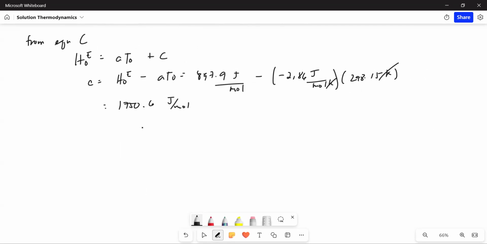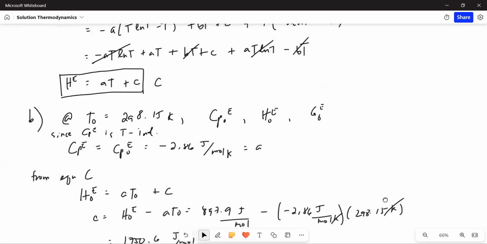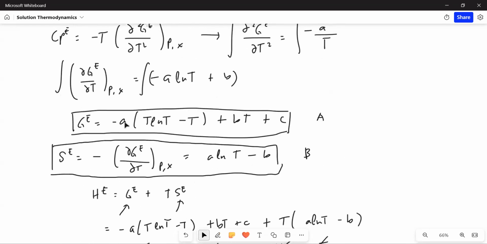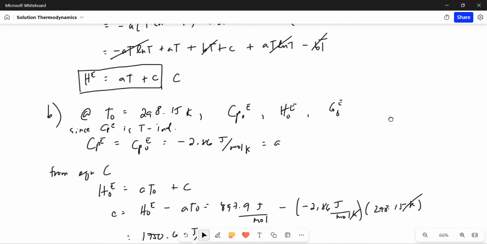The only thing remaining is letter B. So using equation A, let's go back to equation A. We have A, we have B, we don't have C. So we express equation A in terms of the reference state.